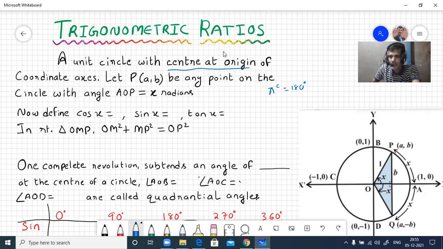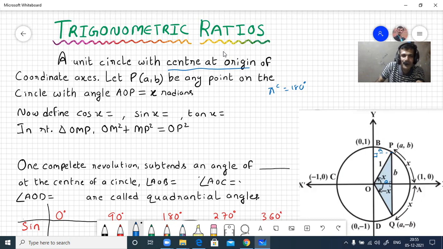Okay. Here see, what will the first coordinate describe? It is the distance from y-axis, no? Okay. It is nothing but it will describe the adjacent side of the x, and B will describe the opposite side of x. Now, OP is the hypotenuse, unit circle, no? 1 unit. Now we'll describe the trigonometric ratio.